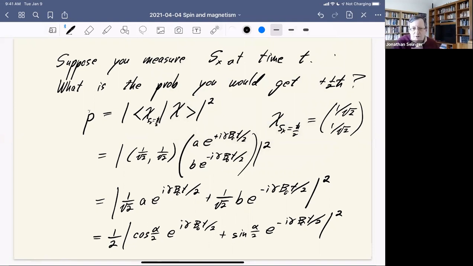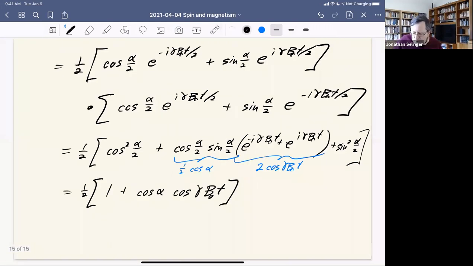If you make this measurement at time t, here is the probability that you would get a spin in the plus x direction. So that is something else that you can do with the wave function, right? With the spinor.